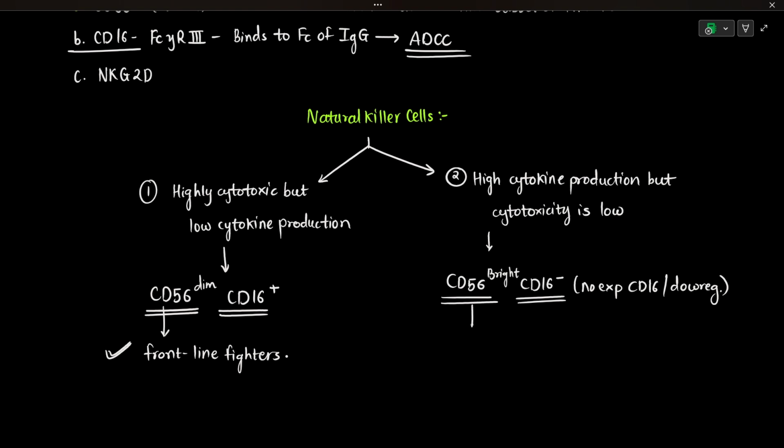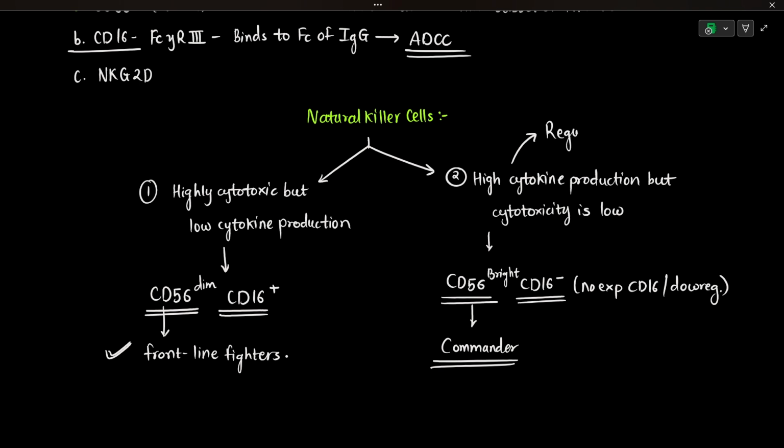Whereas the second type is working like a commander, means it is going to regulate the killing. It is going to mediate the cell signaling, and it is going to result in handing out the roles to particular cells that they have to kill the target cell now. So they are more regulatory natural killer cells.